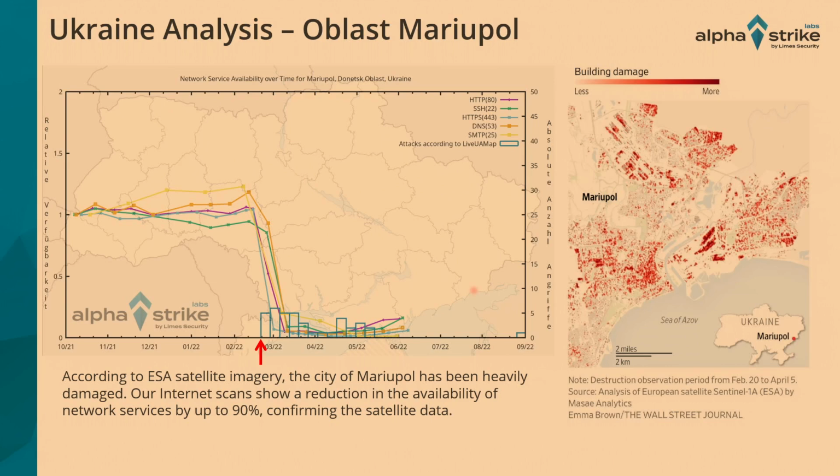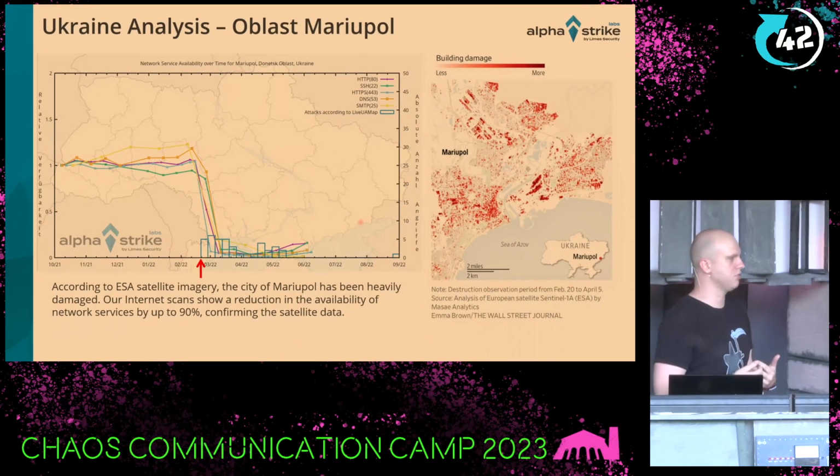On the right side, you can see data from the European Space Agency. They have done radar scans and have seen that approximately 90% of all buildings are now 10 up to 50 meters lower than before, because they got completely destroyed, right? And using our internet scans, we can also see that approximately 90% of all network services we identified in that region have not existed anymore since the beginning of the invasion and the attacks of the Russians.